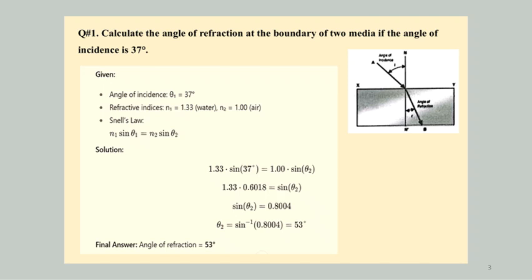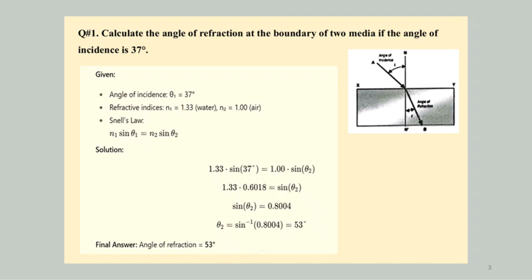We will put the given values. We have the value of n1 and theta 1, and the value of n2, and we don't have theta 2, and we have to find theta 2. 1.33 times sin 37, whose value is 0.6018, we multiply and we get 0.8004.